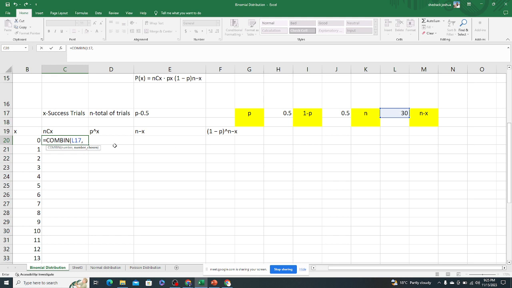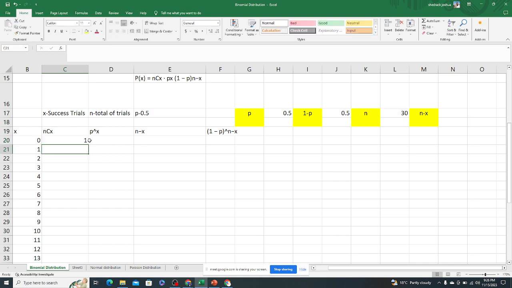Then comma, the chosen number. We want to combine n x times, so we are going to choose x. Remember, we are going to reference n, but x is changing.